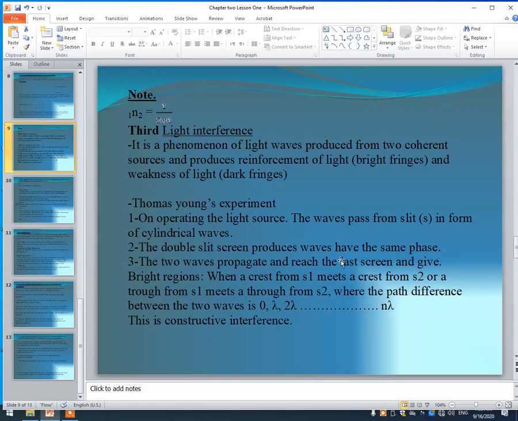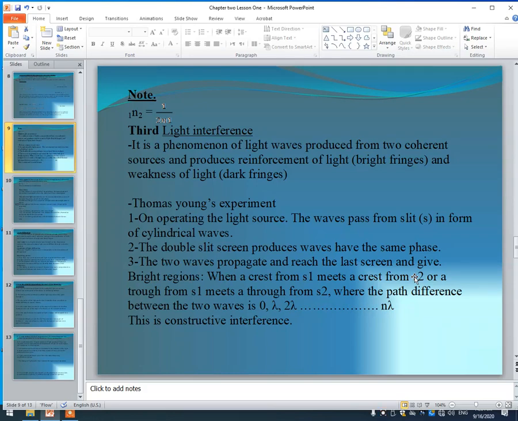Then interference will happen between the two waves. This interference may happen between the crest from the first and the crest from the second, and if the crest meets the crest, it will give us a bright fringe. If the trough meets the trough, it will also give us a bright fringe.